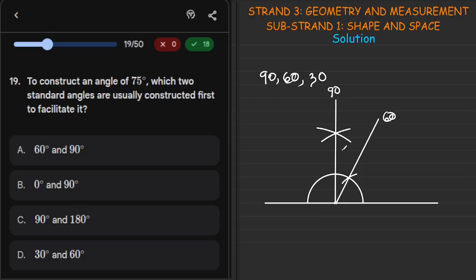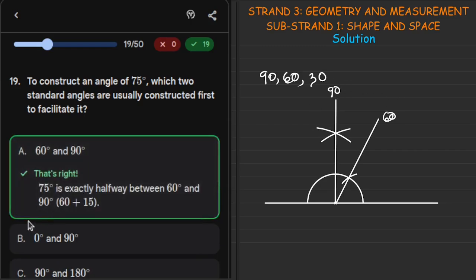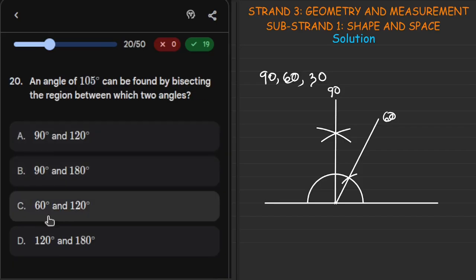So if you are to bisect it, we would get 2 of the 15 degrees. And if we add that 15 to the 60, that gives us a 75. So to construct 75, you need to construct these two basic angles, that is the 60 and then 90.